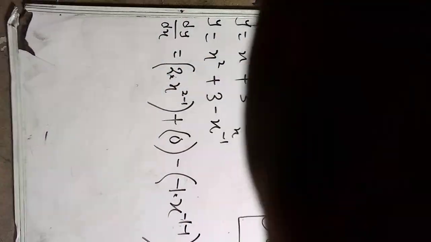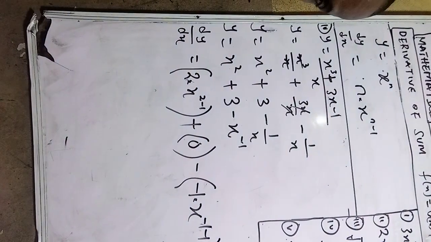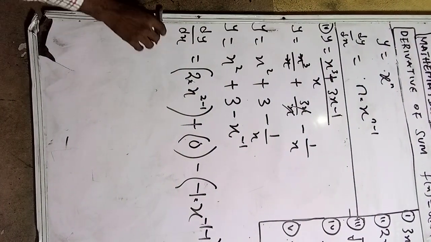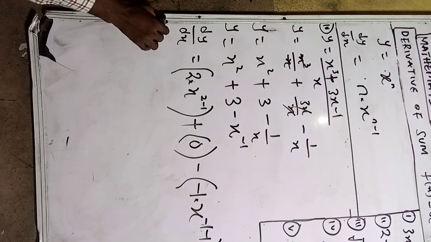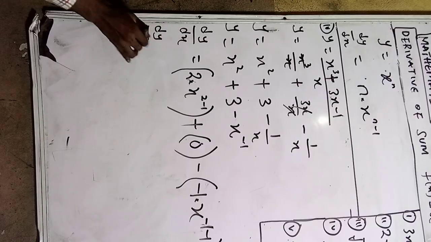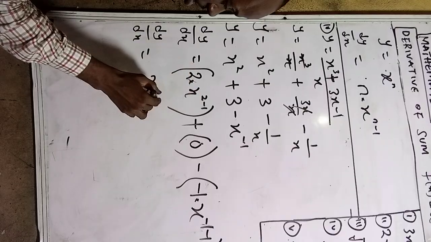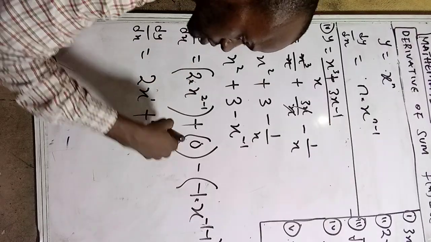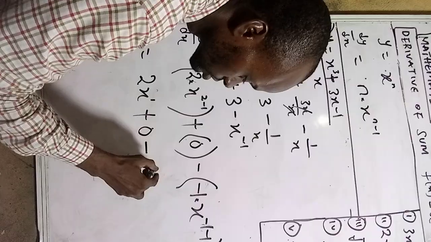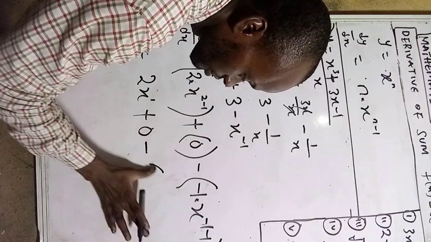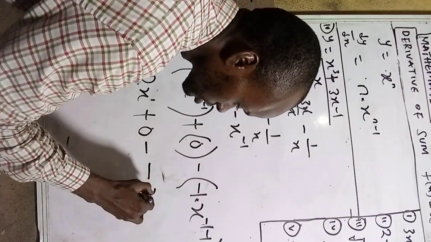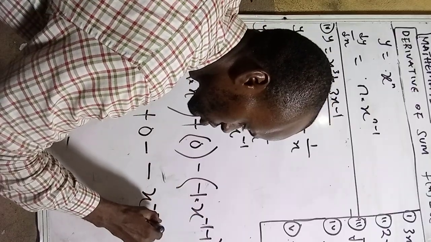Okay, so what do I have here now? This becomes dy/dx equals 2x raised to the power 2 minus 1, that's 1. Then 0, then this becomes minus. Minus x to the power minus 1 minus 1, which is minus 2.